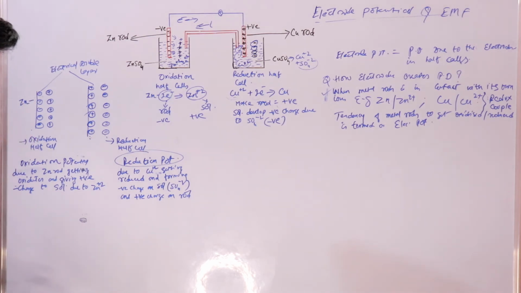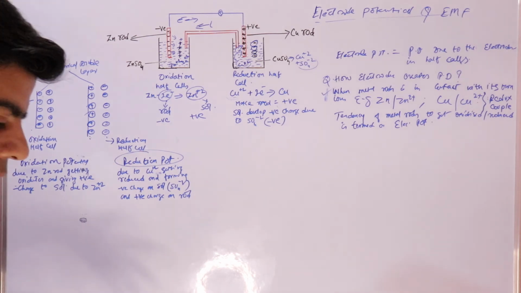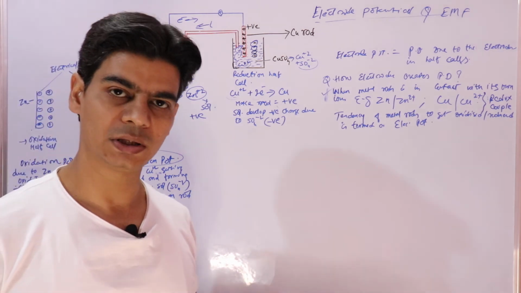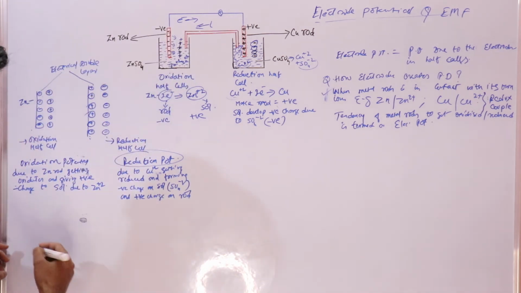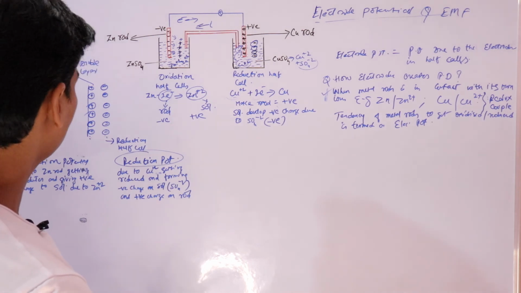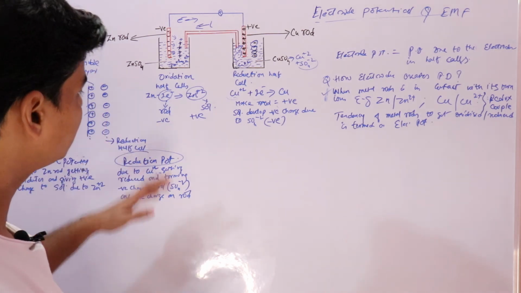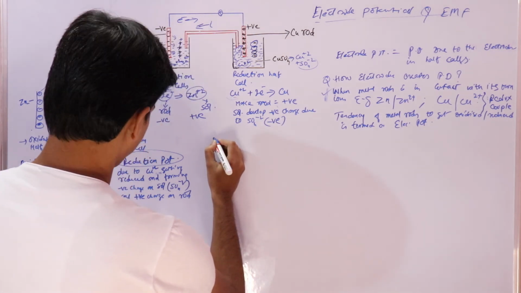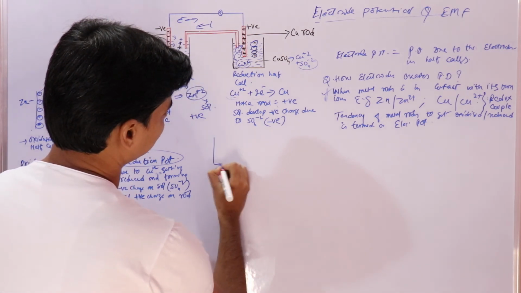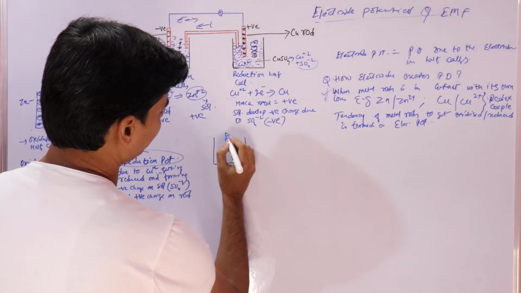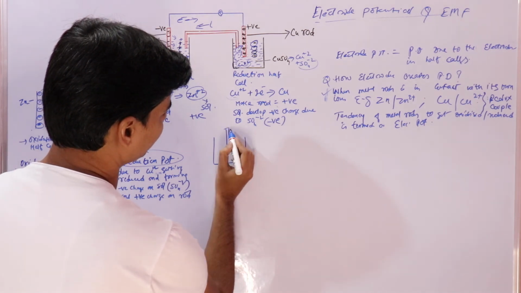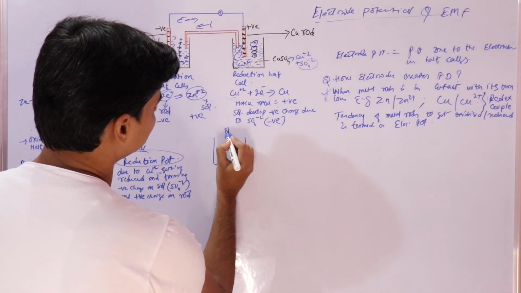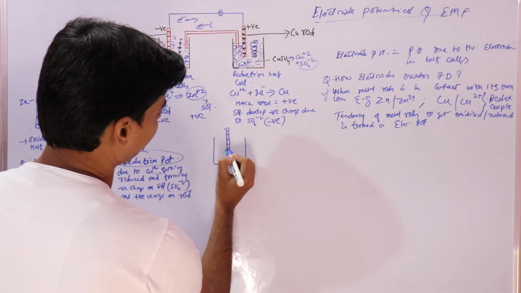Now there is one more thing that we need to understand. What are the factors on which electrode potential depends? So if we look into this more, suppose we have this cell, and this is the zinc rod, and it has negative charge on it.